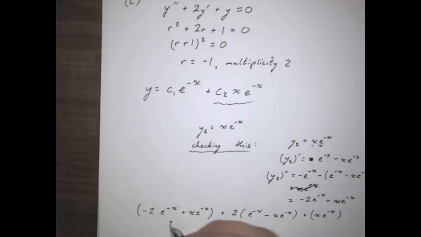So this is y2 double prime, this is y2 prime, and this is just y2. And the question is, does this really equal 0?